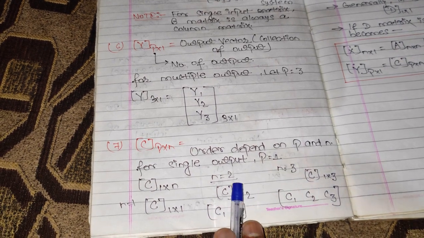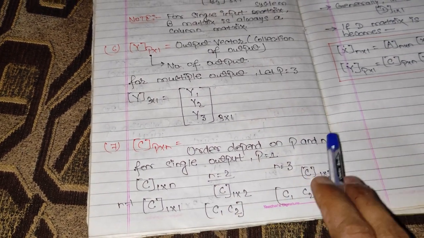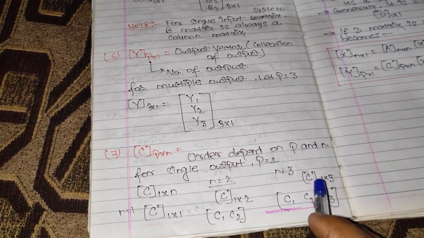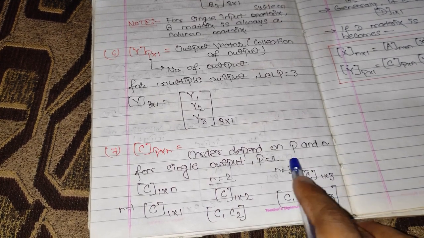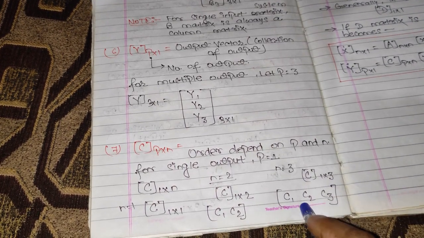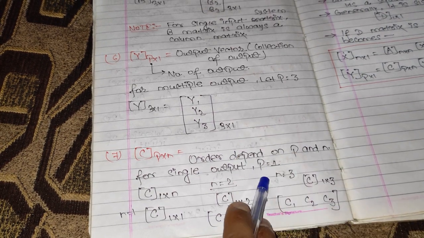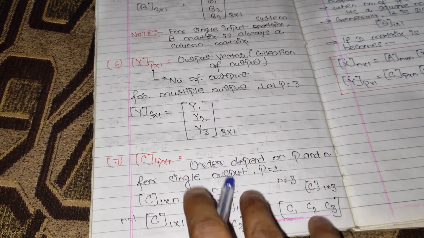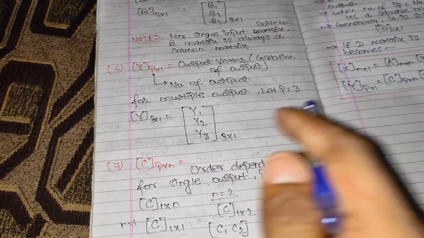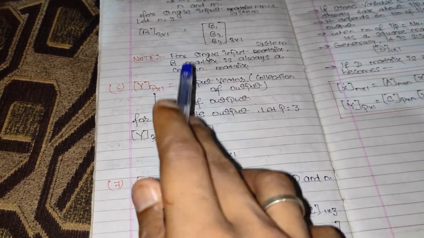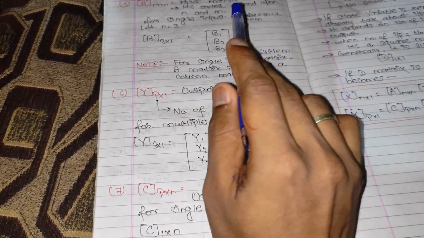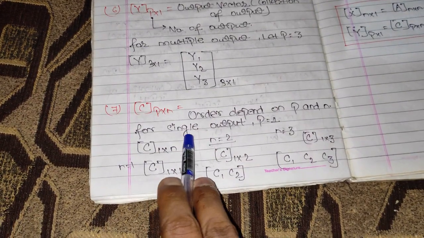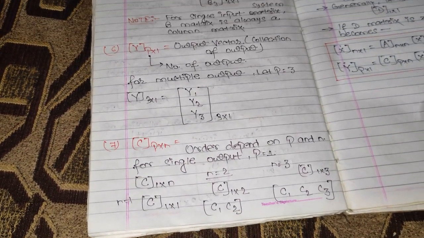When it is a single output system and we put n equal to 3, we get C of 1 cross 3, meaning c1, c2, c3. So for a single input system the B matrix is always a column matrix, and for a single output system the C matrix is always a row matrix.